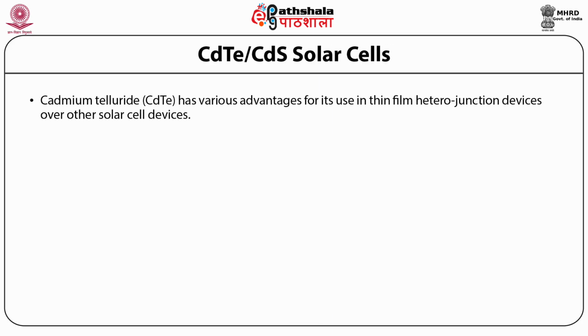Cadmium telluride, cadmium sulphide solar cells. Cadmium telluride has various advantages for its use in thin film heterojunction devices over other solar cell devices. It has a direct band gap of nearly 1.47 electron volts, which matches with the sun's spectrum, and hence it can be used as high efficiency photovoltaic material.